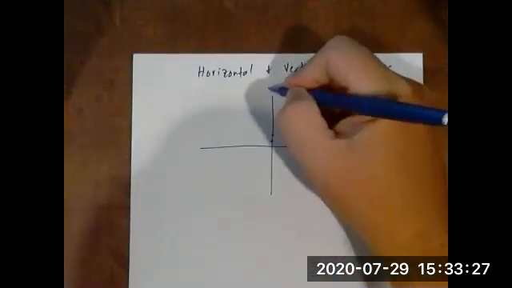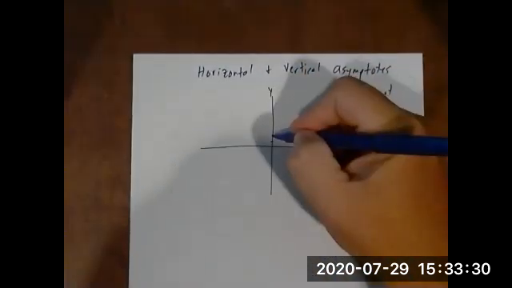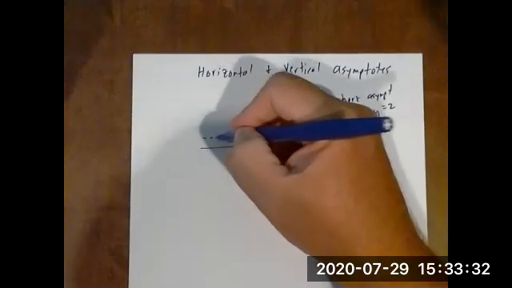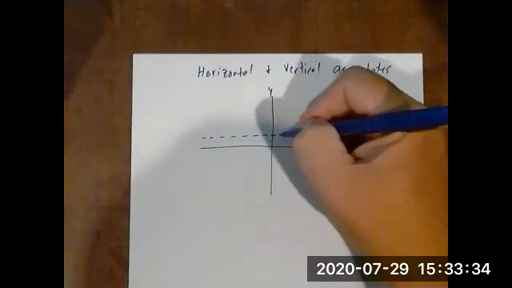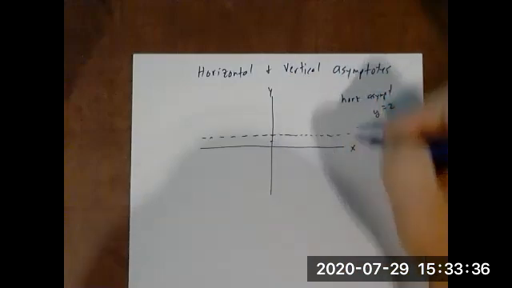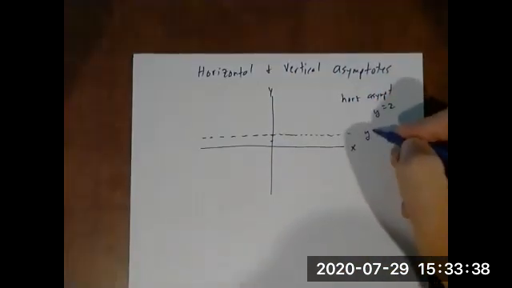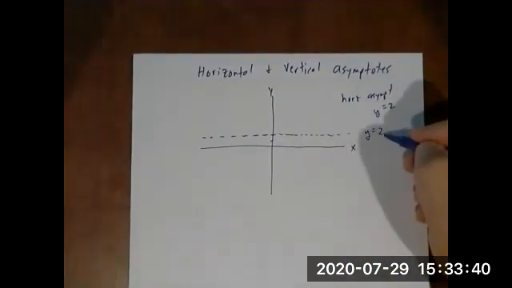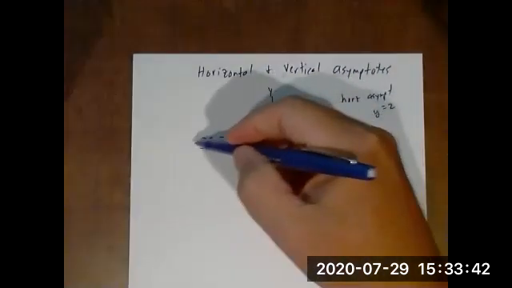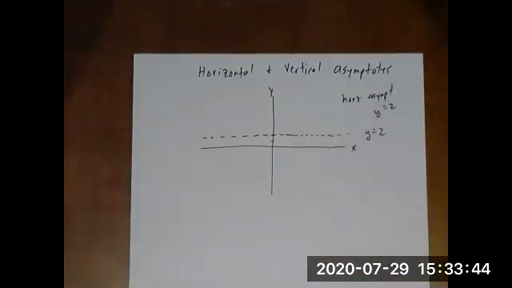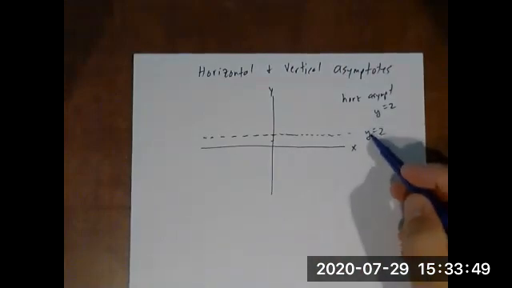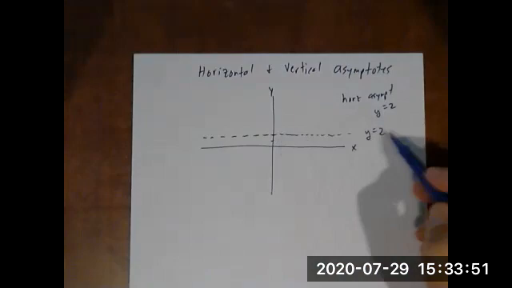So I go to y on my y-axis at y equals 2, and I draw a horizontal line, and I label it y equals 2. If you recall, the equation of a horizontal line on a graph is written this way. Whatever the value of y is, y equals 2.